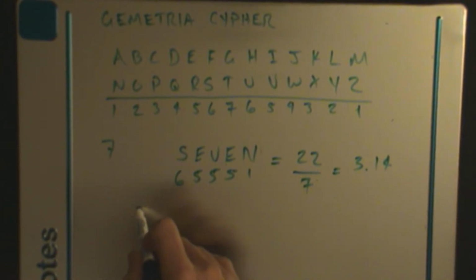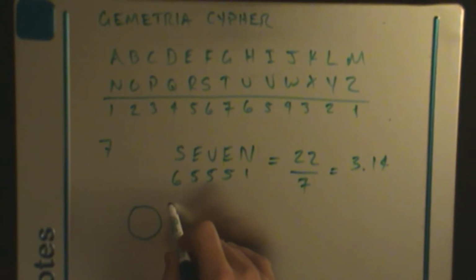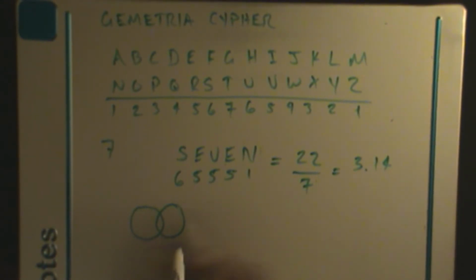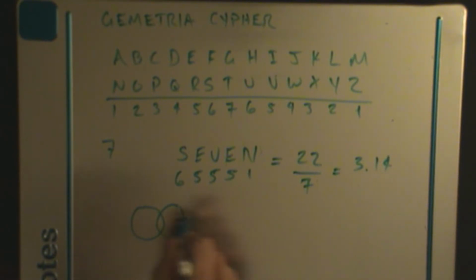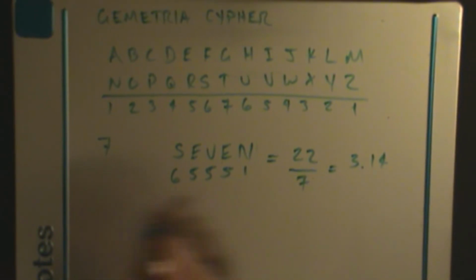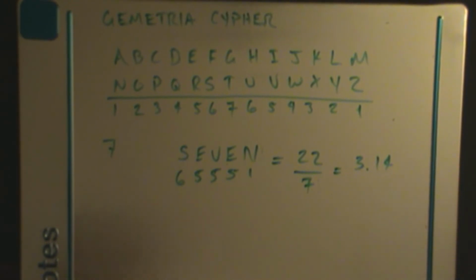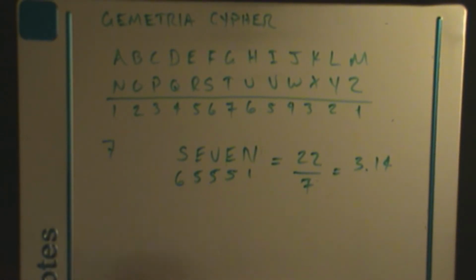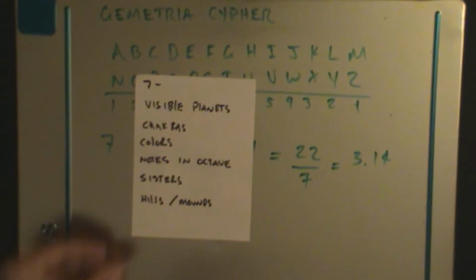Primarily it comes into the Vesica Pisces, which I'll be doing more videos on, which is the splitting of pi. 7 comes into that, and the building blocks of our very first letter of our alphabet, the A, or the alpha.